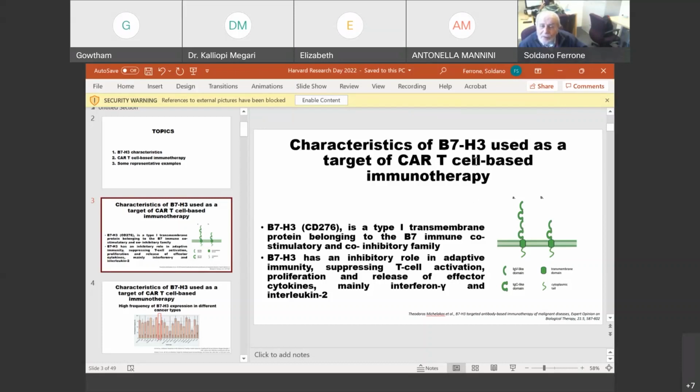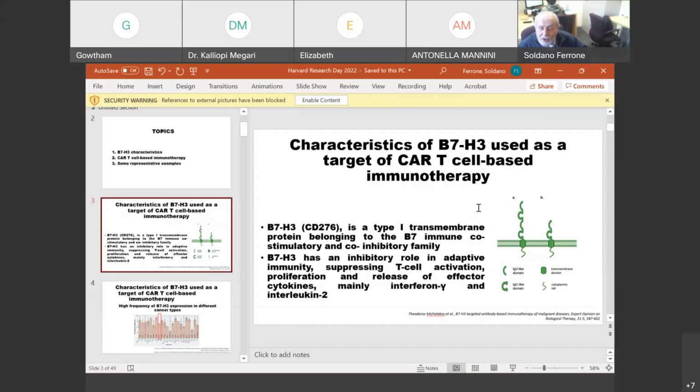Now, as far as the function of B7H3, it has not been completely clarified, but several lines of evidence would suggest that B7H3 has a negative impact on the immune response. And why do I make this statement? Well, because in several types of solid tumors, B7H3 expression has been found to be associated with a poor clinical course of the disease.